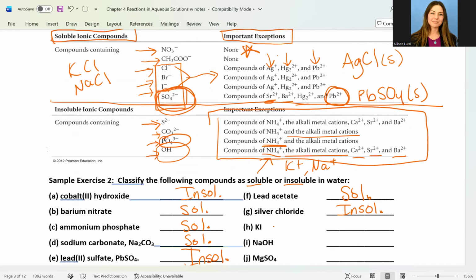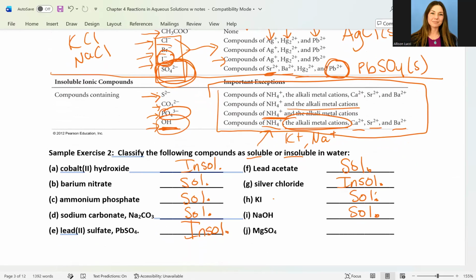Potassium, just like sodium, chlorides would be soluble, so too would iodides here. That's not one of the exceptions that forms a solid, so I'm going to say this is soluble. Sodium hydroxide, that's one of the alkali metals that is going to be an exception, so that will also be soluble here on our list.